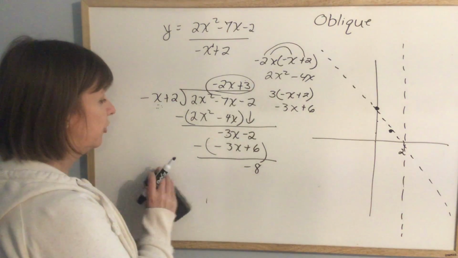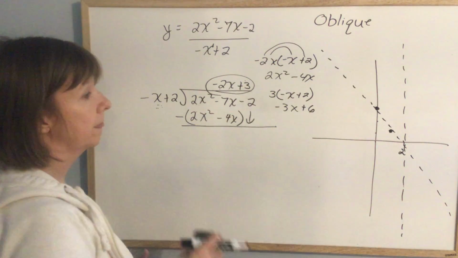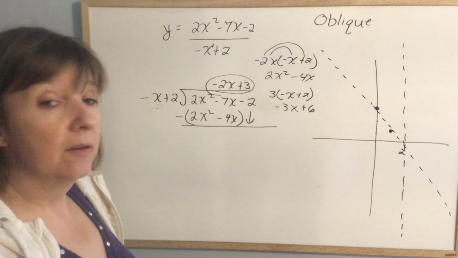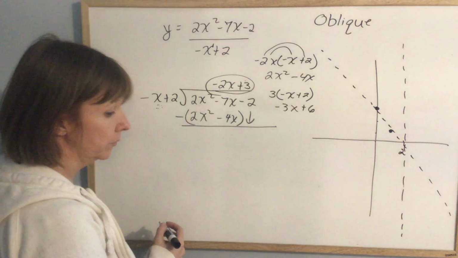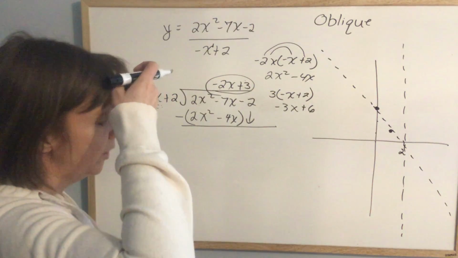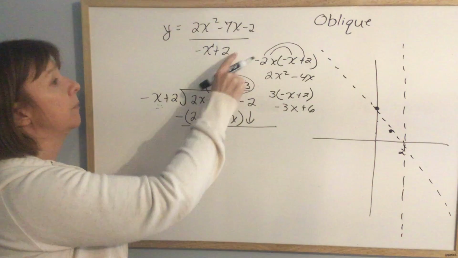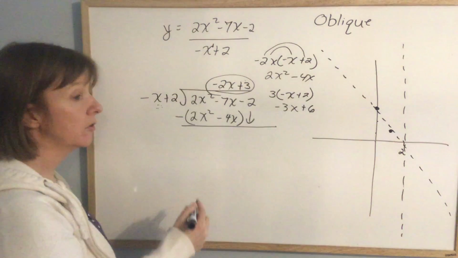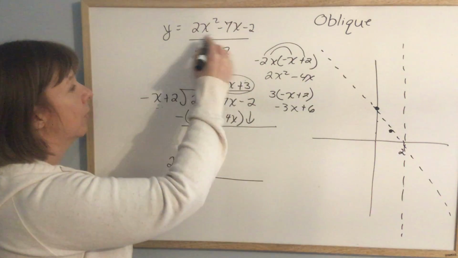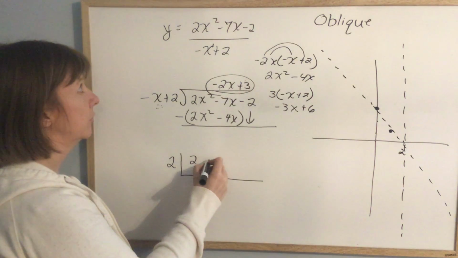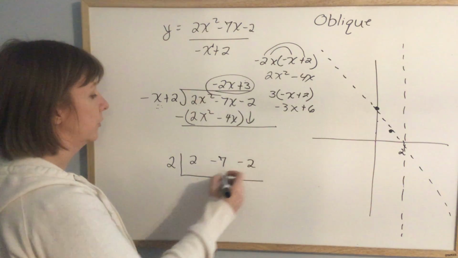Synthetic division. Let me jog your memory on synthetic division. What we do is we ask ourselves, what would x have to be to make this bottom 0? And the answer is 2. So we put 2 out here, and across here we put 2, negative 7, and negative 2.